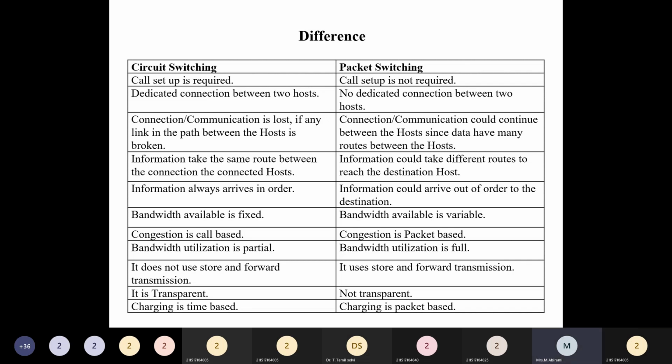The bandwidth is fixed in circuit switching; it is variable in packet switching. The bandwidth utilization is partial here; this is full. Transmission is not store and forward here; in this forward transmission the data are also stored. This is transparent; it is not transparent. The charging is time based; here only in a packet based the data is transferred.